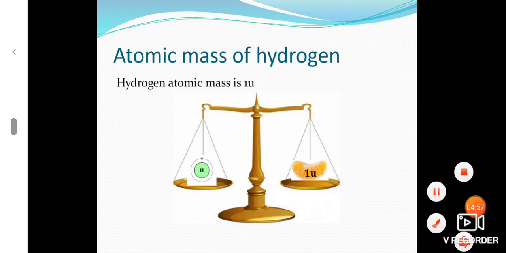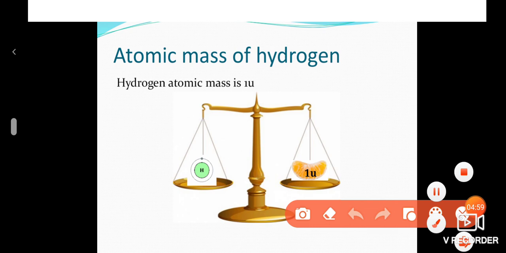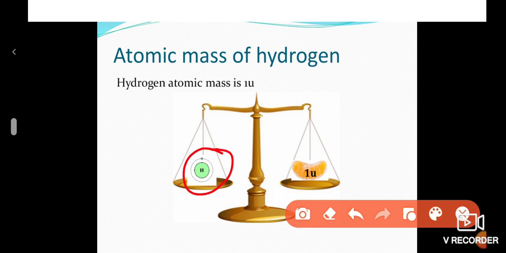First see the picture. Here on this side we have taken one hydrogen atom. This hydrogen atom is equal to one piece of carbon. We know that one piece has the unit 1 U.